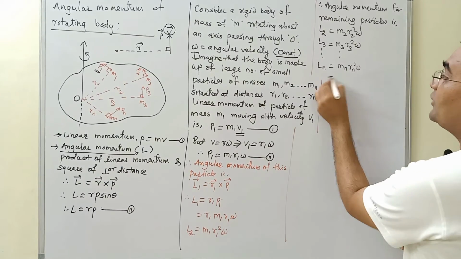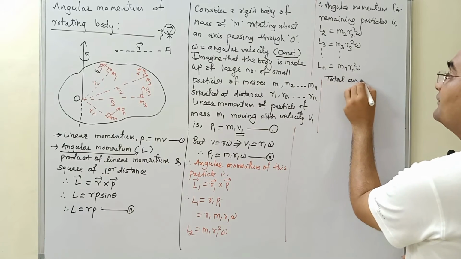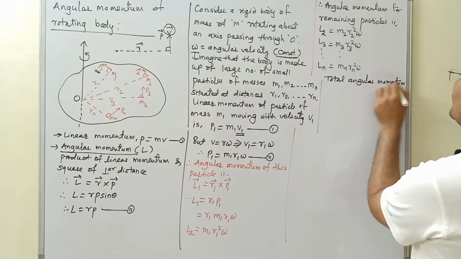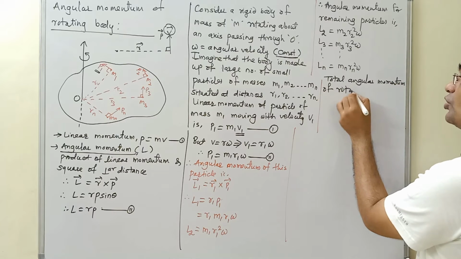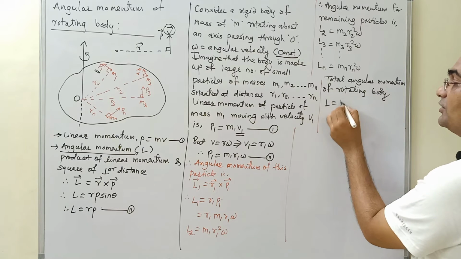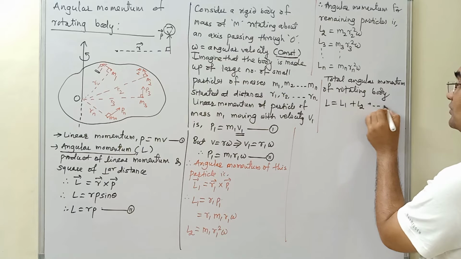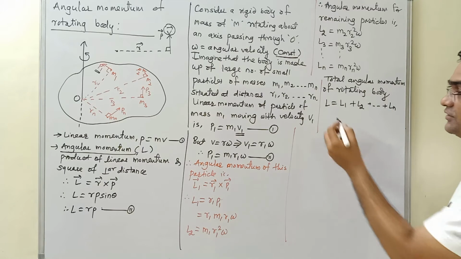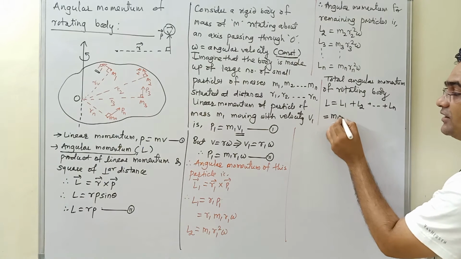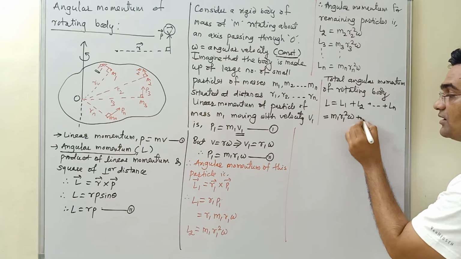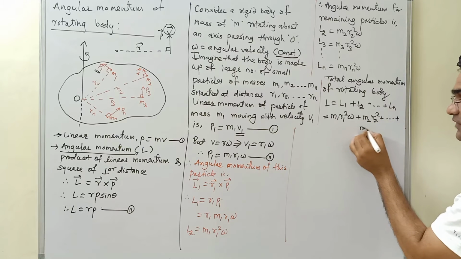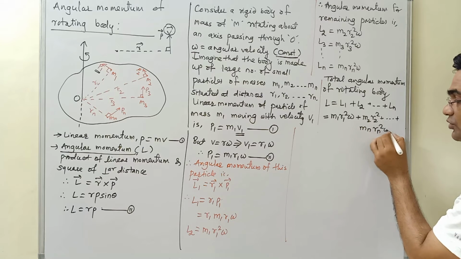So the total or resultant angular momentum of the rotating body can be given as L equal to L1 plus L2 up to Ln. It's simple. Just substitute the values from these equations. So we write m1 r1 square omega plus m2 r2 square omega up to plus mn rn square omega.